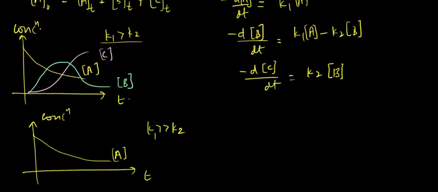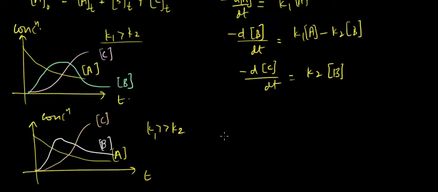This would be the concentration of A, then this would be the graph for the concentration of B, and finally this would be the graph for the concentration of C.